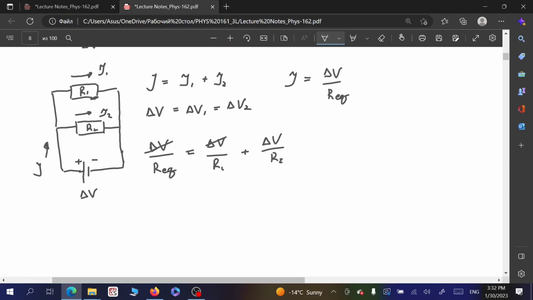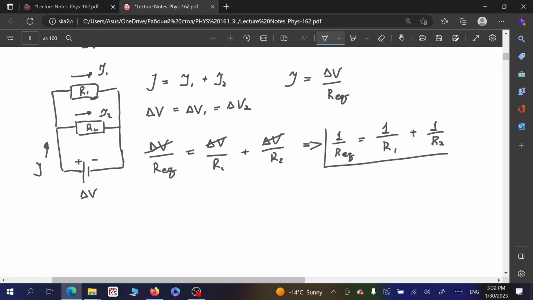So these can be cancelled out because they're the same, and from here we get the expression for the equivalent resistance of this circuit, and that will be 1 over R1 plus 1 over R2.